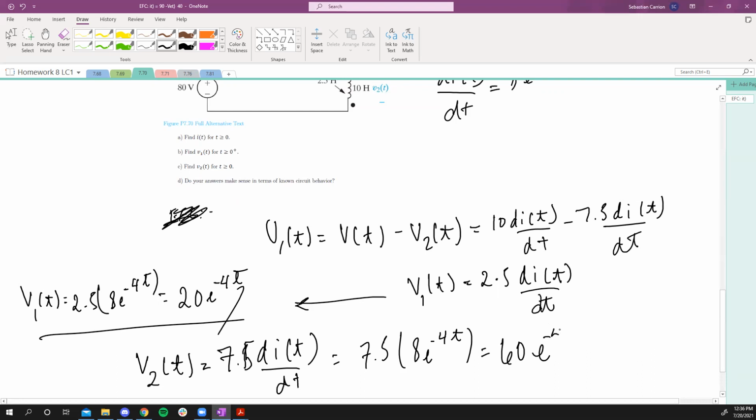So 60e^(-4t), and these would be in volts as well.